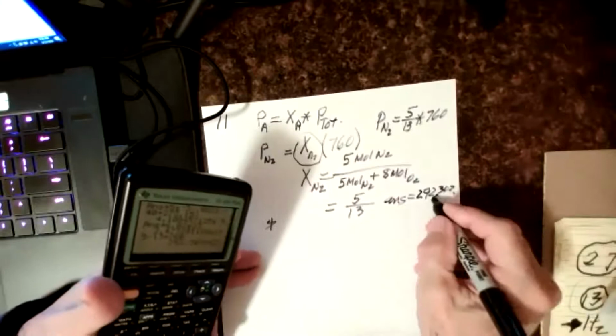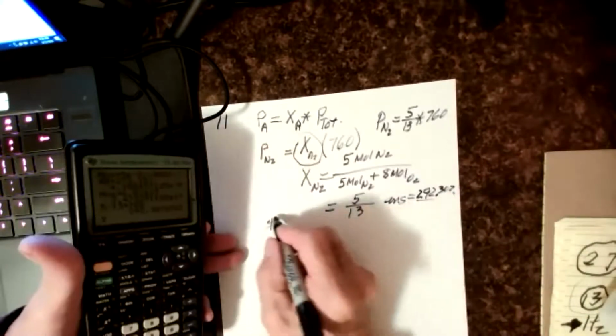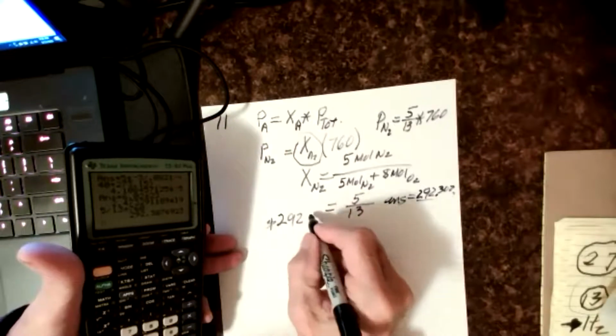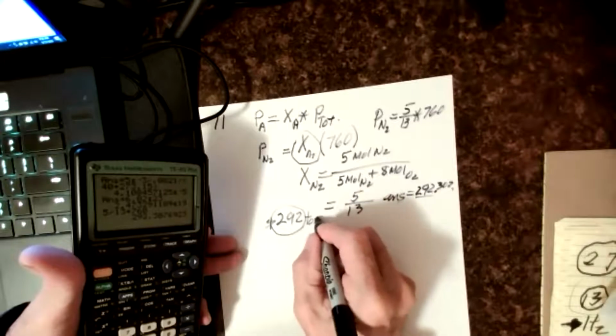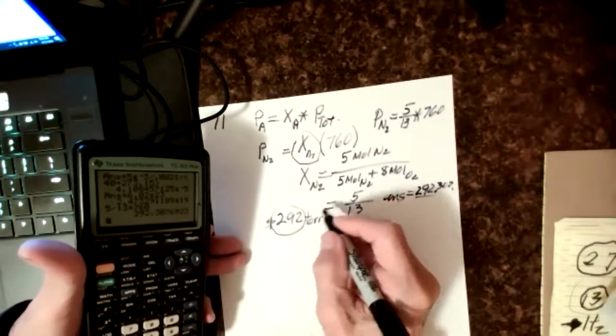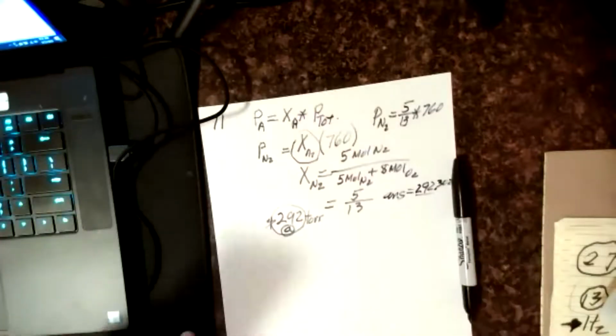I need 3 significant figures, so the answer is just going to be 292. And of course, the unit is torr. And that's response A on the quiz, so we're good.